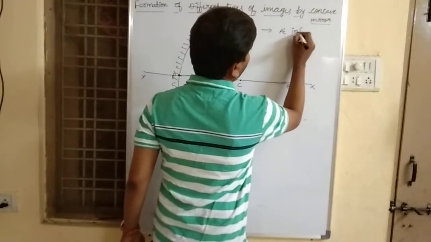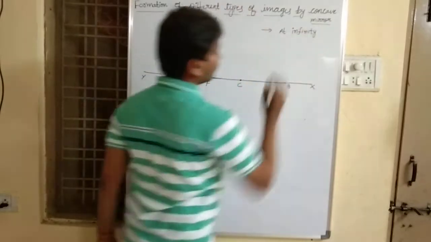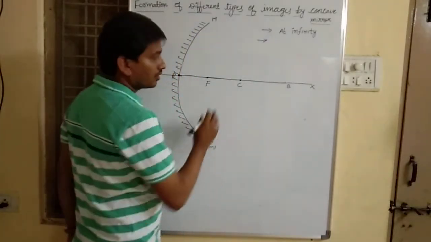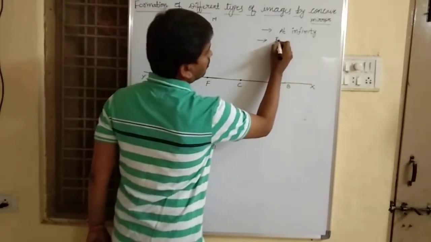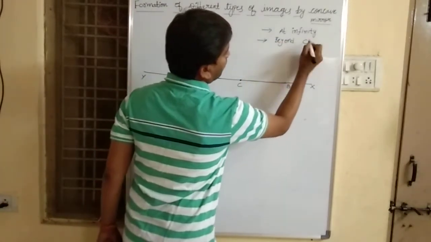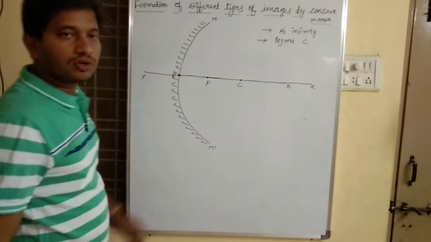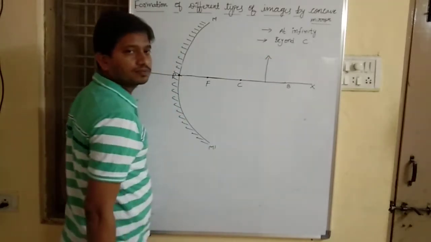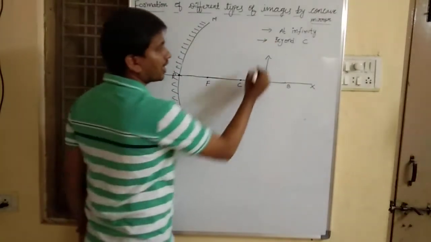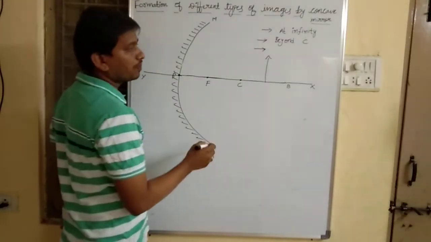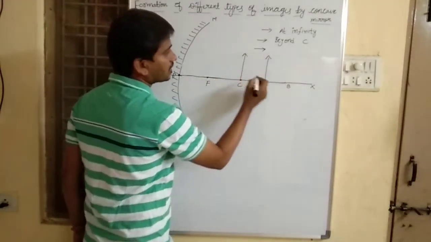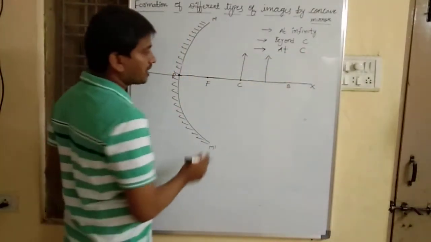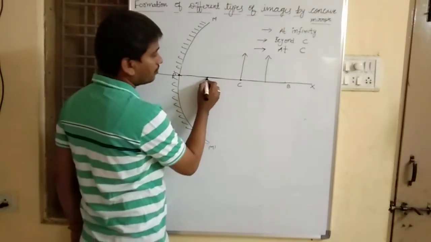The second case, we can place an object beyond the center of curvature. Case 3 is we can place an object at the center of curvature. We can also place an object between the focus and the center of curvature.